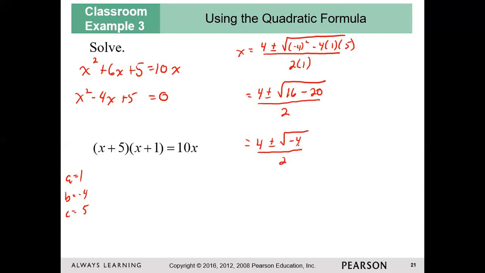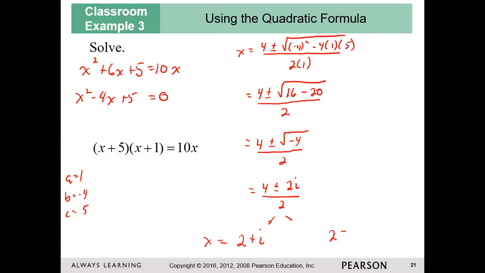And the first thing that I notice now is that I have a negative underneath the square root, which means I'm going to have imaginary solutions here. I'm going to have complex solutions. So this will be 4 plus or minus 2i over 2. And at this point, we can split them up into 2 separate solutions and factor out all the 2's. So this is 2 plus i, and so x equals 2 plus i.